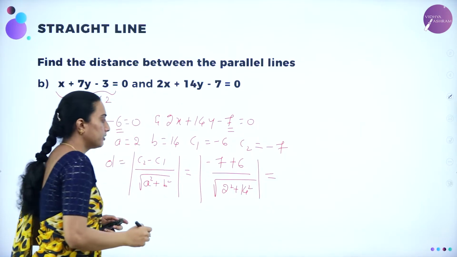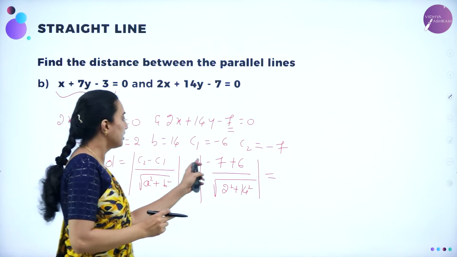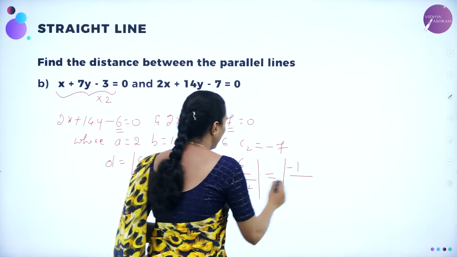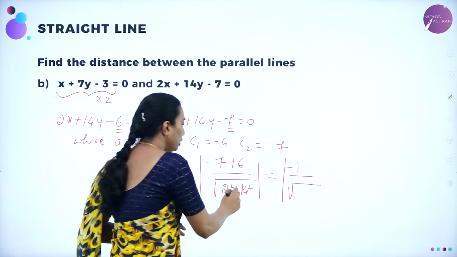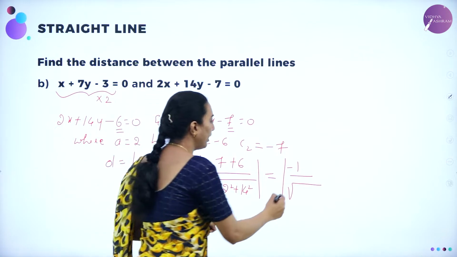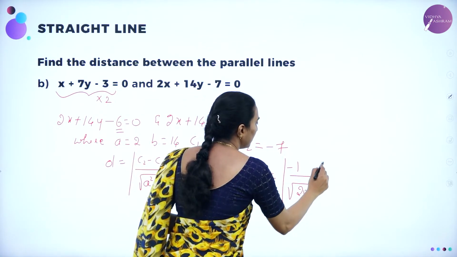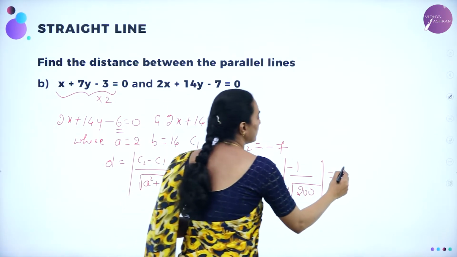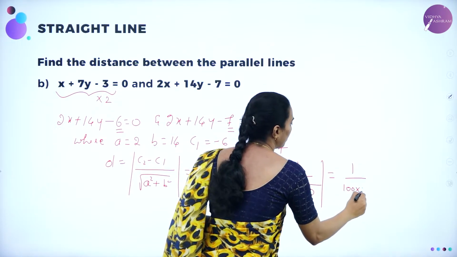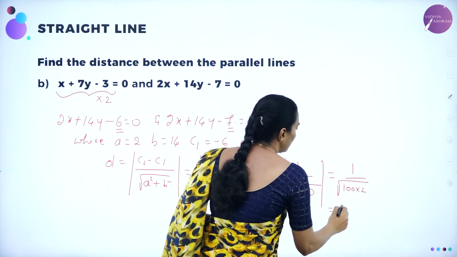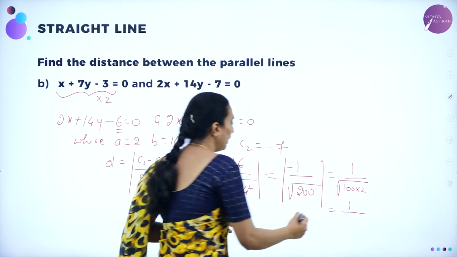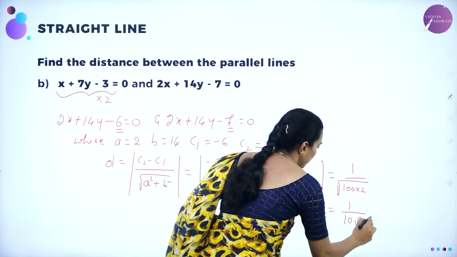Now you can write this as minus 7 plus 6 is minus 1 divided by square root of 4 plus 196, which is 200. Now modulus of negative will become positive, 1 divided by square root of 200, I can write it as 100 into 2, which will be 1 divided by 10 root 2 units.